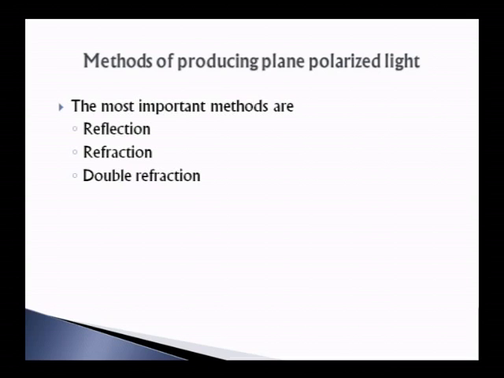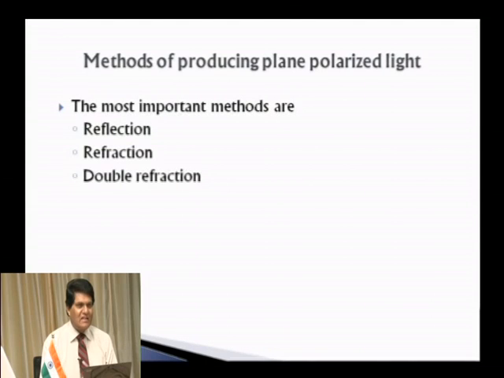Now, what are the interesting and very important methods for the production of polarized light? Basically the most important methods are: one, we can obtain polarization due to reflection of light, two, polarization due to refraction of light, and third, double refraction. Now I think it is very clear what is meant by reflection of light.